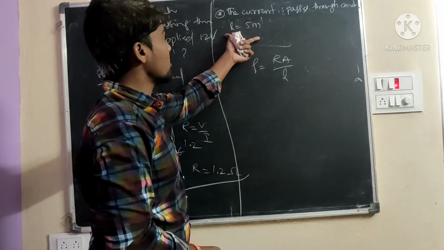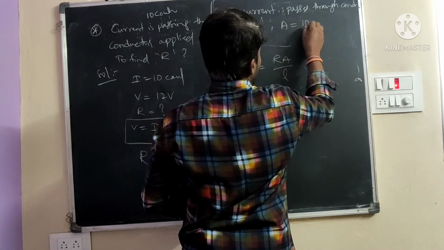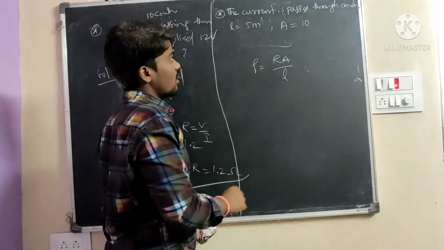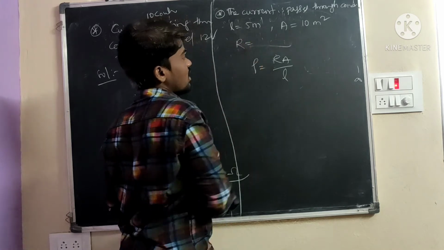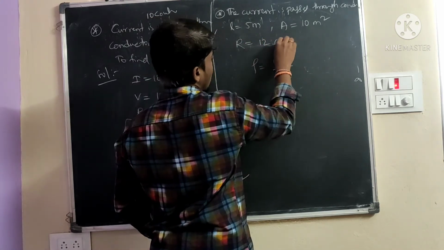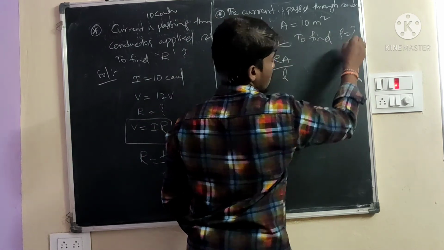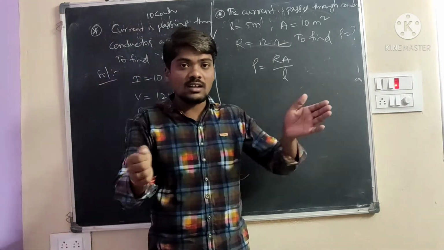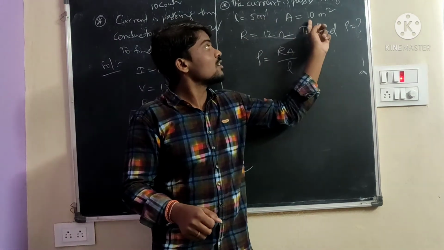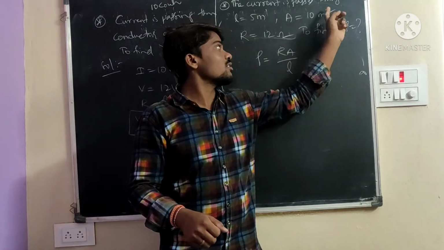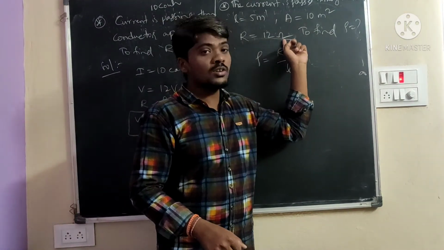Conductor length is 5 meters and cross sectional area is 10 millimeter square. Here the resistance of the conductor is 12 ohms. You will find out the resistivity.